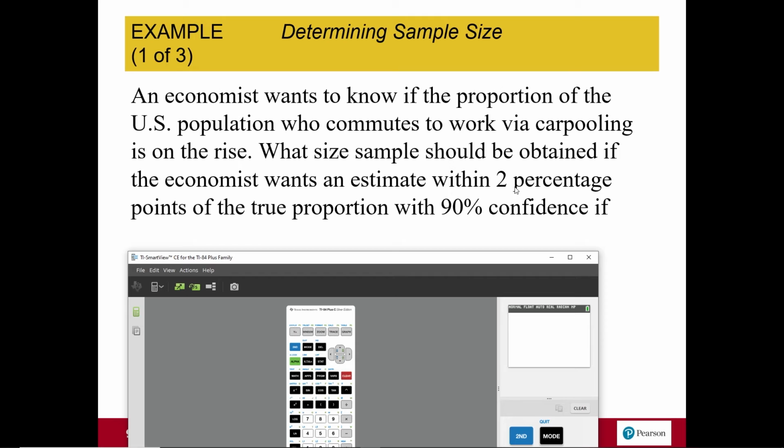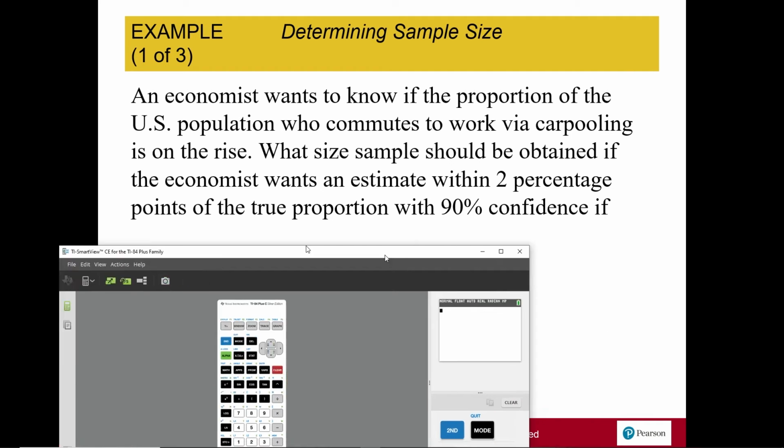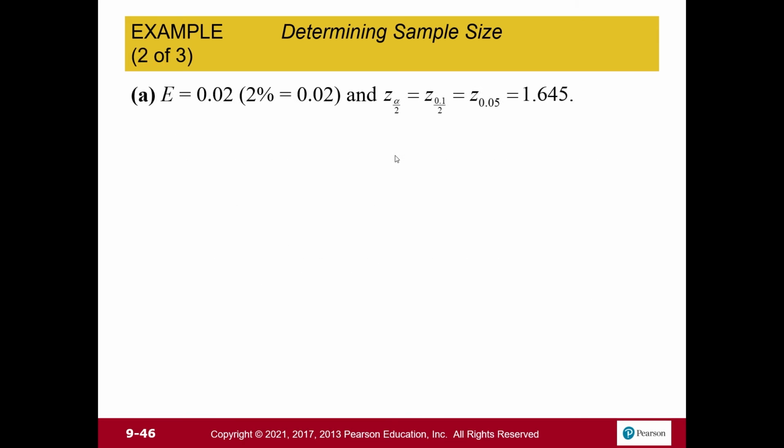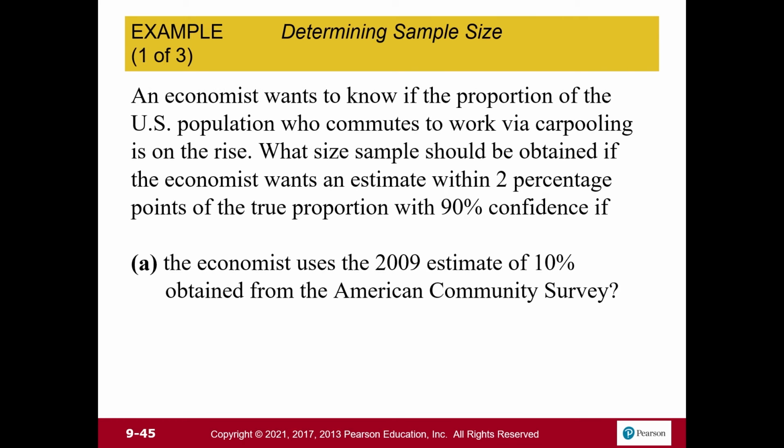Now, the 2 percentage point, that's the error, so we have to put that in as 0.02, and then the confidence level is 0.90, and then it looks like there's more. So for part A, the P is 0.10.